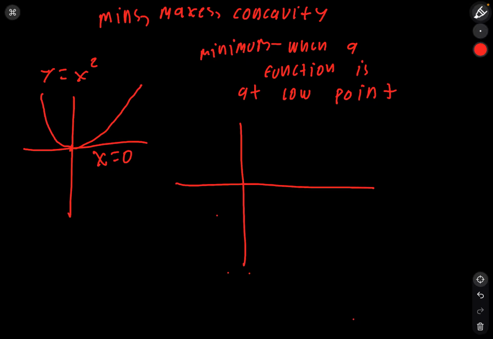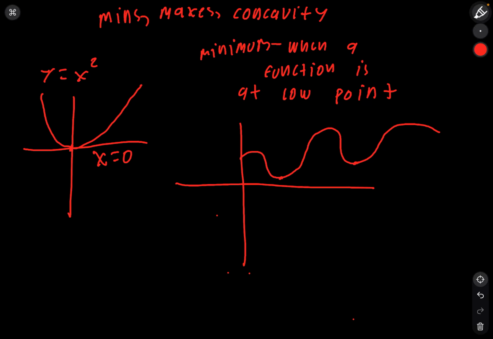Let's say you had a graph that looked like this. The minimum of this function would be this and this. These are called local minimums. They're called local because it's the lowest point on both sides of it.